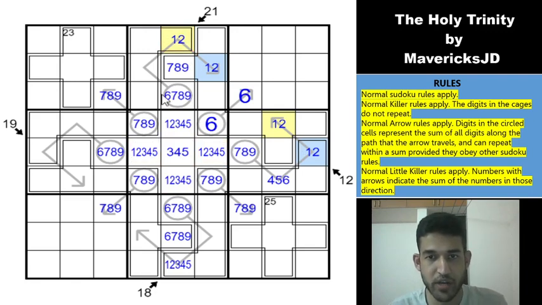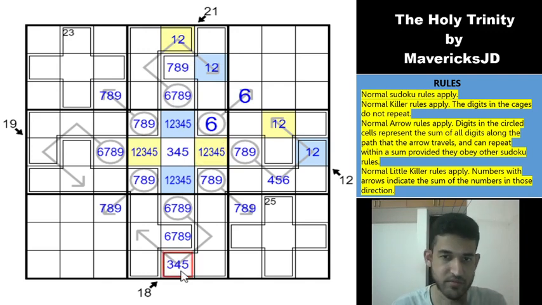Why don't we make a notation of the same? So the blue is going to be in one of these two cells and the yellow is going to be in one of these two cells. So we get an invisible 1-2 pair in column 5. So which means that this cell is not going to be a 1 or a 2. So this is going to be 3, 4 or 5.